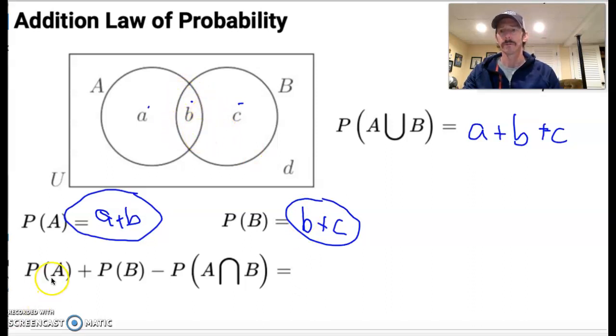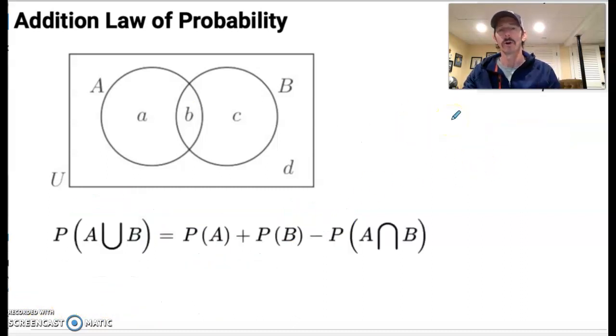So really the probability of A plus B minus this intersection gives me this union piece, because down here it would be A plus B plus B plus C minus B. And you'll notice what happens if I do that is this minus B and one of these B's cancel, and I actually have A, B, and C, which happens to be the union.